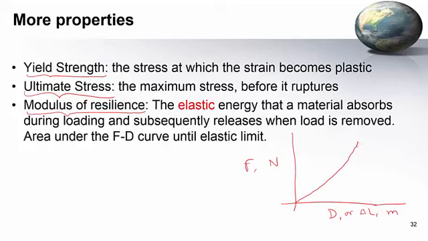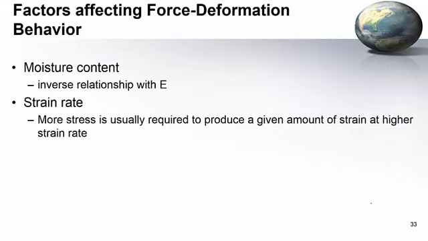If you determine the area under the curve, that is Newton times meter, which is joules. So it's basically the energy required to move it up, which is the energy absorbed by the material during loading. And when you release it, it goes back to 0, which means it releases the energy back. That is known as the modulus of resilience.